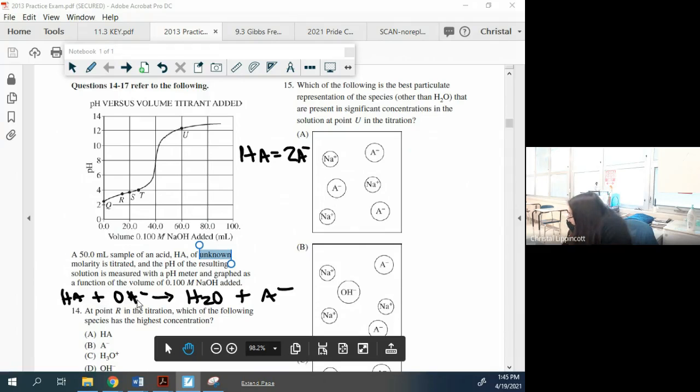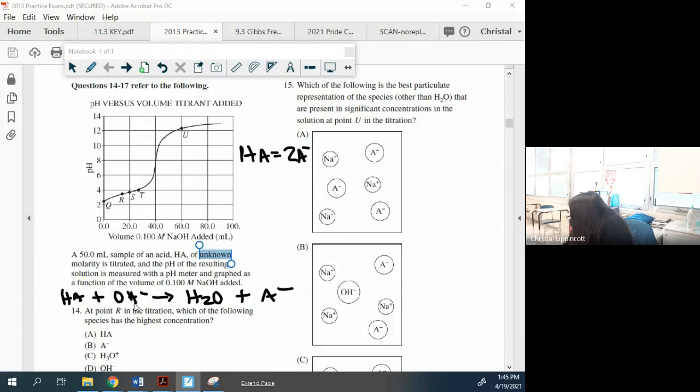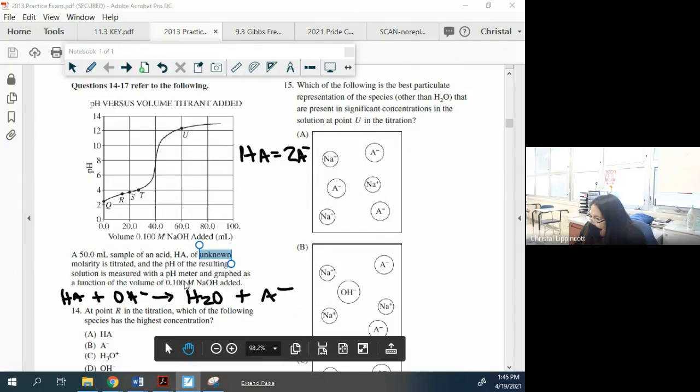What'd you get? I said T because at S they're equal in amounts, but then once we get there, there's no HA. Right. Yep. Does that make sense? Okay. So U, none of this would be left, so that would be out. And here they would be equal to each other, so it has to be T for your answer.